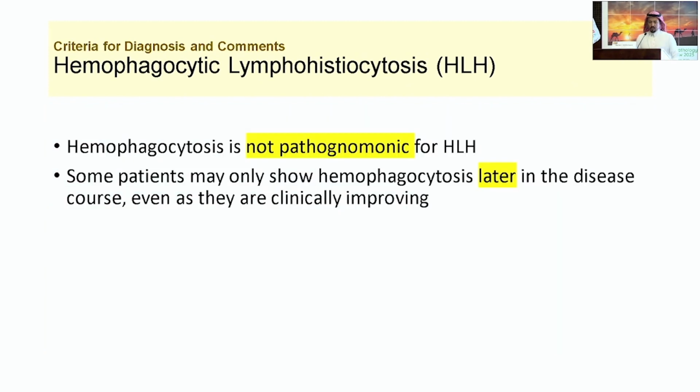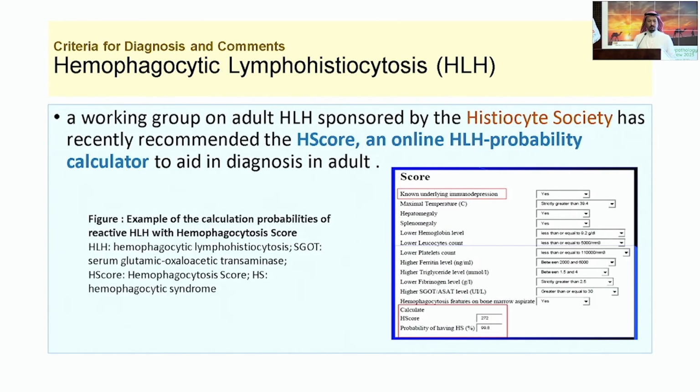So hemophagocytosis is not pathognomonic for HLH. This is a very important message. Some patients may only show hemophagocytosis later in the disease, so maybe at initial presentation, we cannot find hemophagocytic activity.